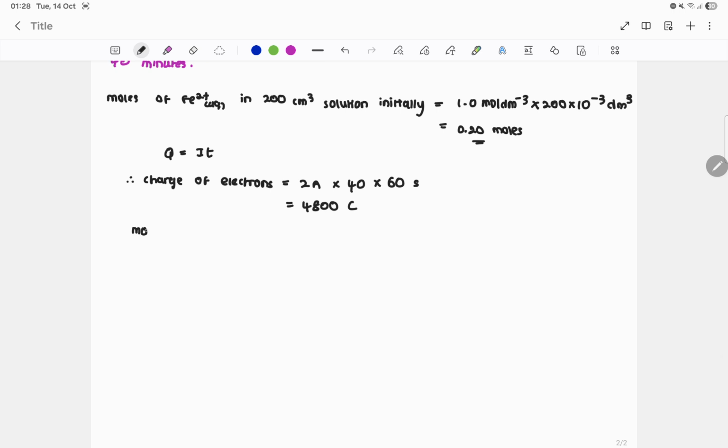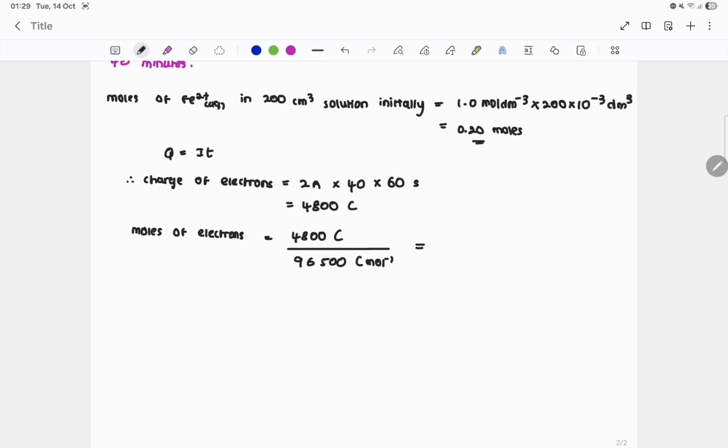Then we can find moles of electrons. Moles of electrons is 4800 coulomb divided by 96,500 coulomb per mole. What's the value?